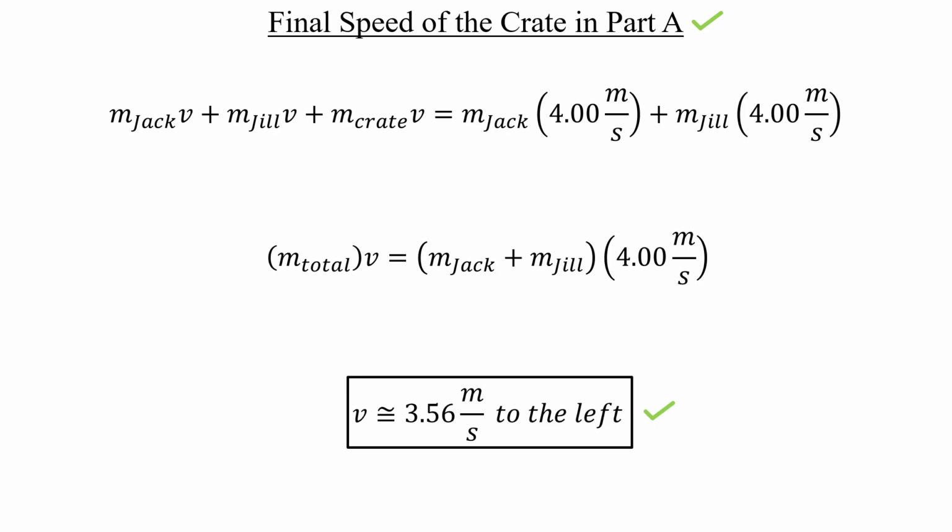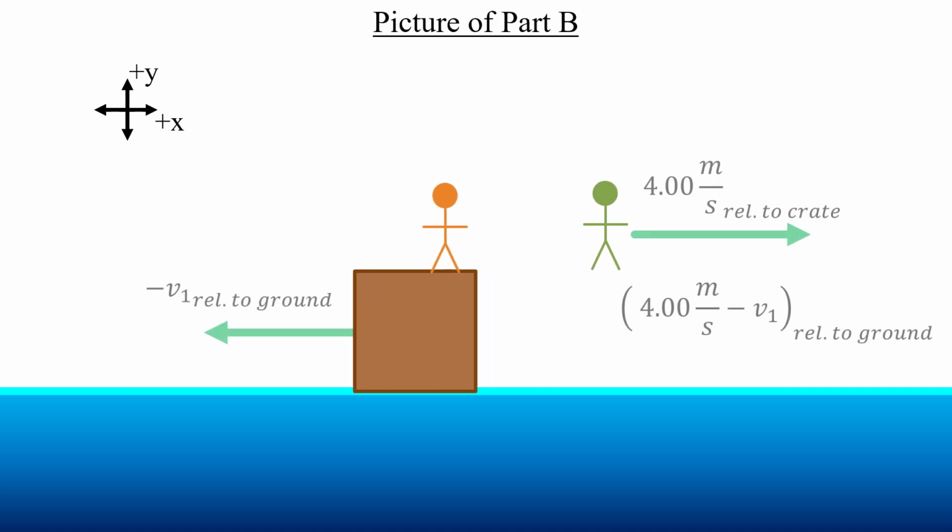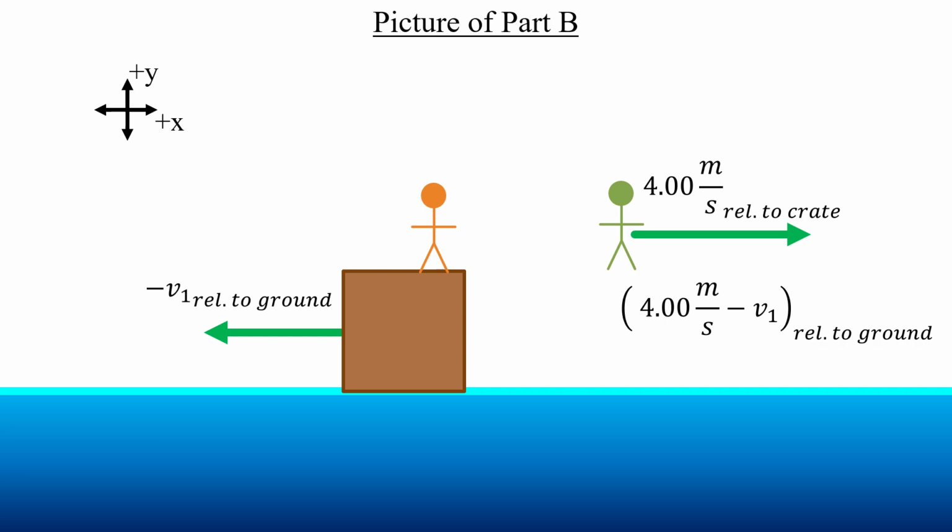Things become a bit more complex in the remaining parts, so let me bring the picture back into focus. In part B, Jack is going to jump first, which will cause Jill and the crate to recede at an initial velocity I'm calling v1.